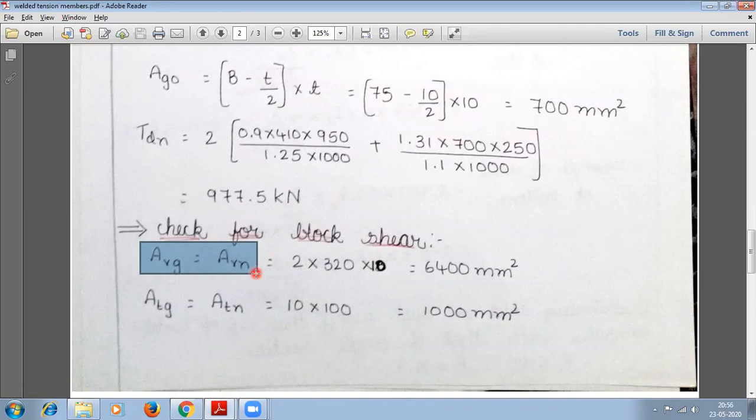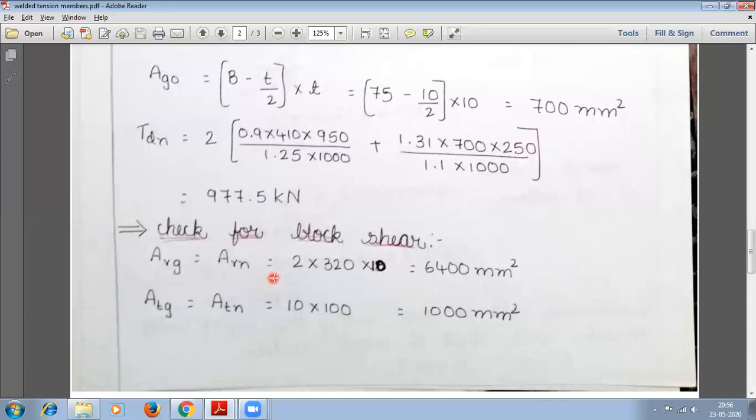Your plate, you will drill a hole and the whole area is not present over there. There is some loss in the area, so you will get net area. But what happens to welding? The whole area will be there, we will not cut anything. The area is not lost, it will remain the same as the gross area, so it will be equal.